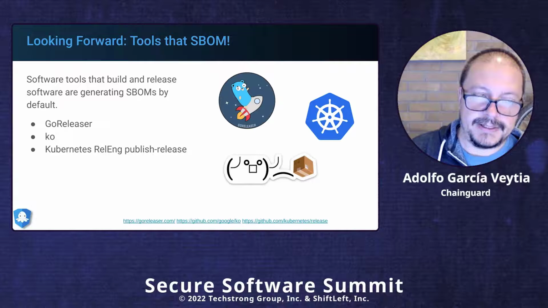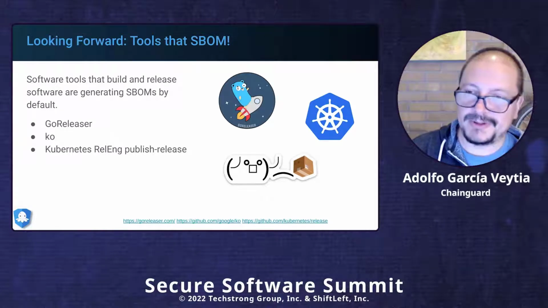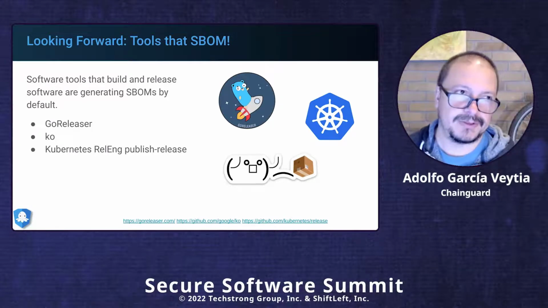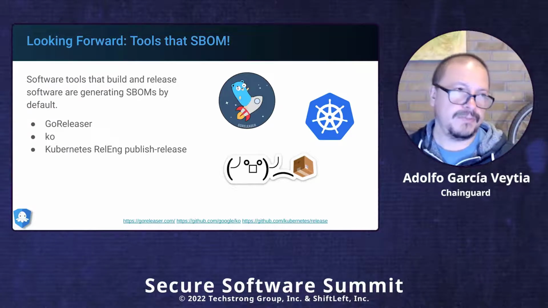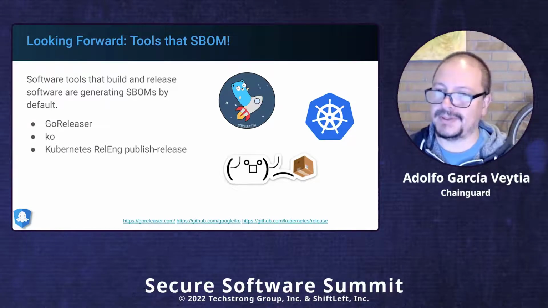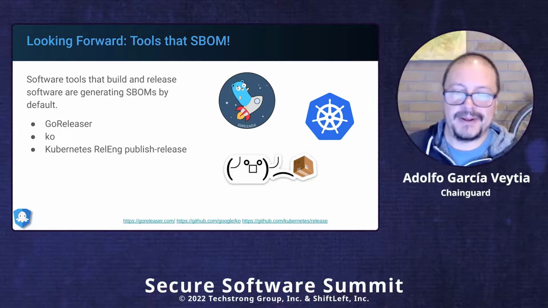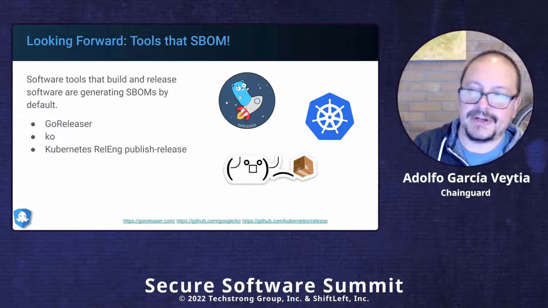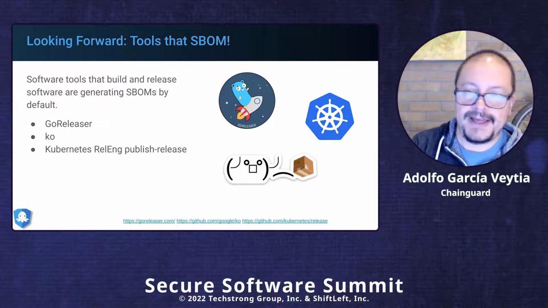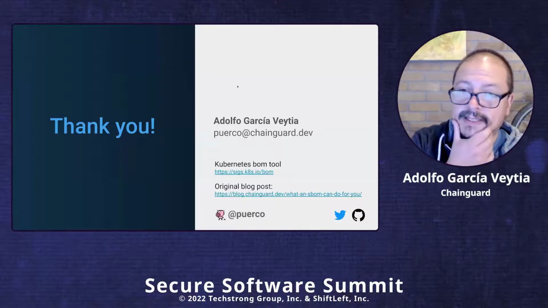So we think this year is going to be the year of the SBOM because you're going to see more maturing of tools like I just showed you, and it's a perfect time for you to start generating your SBOM.